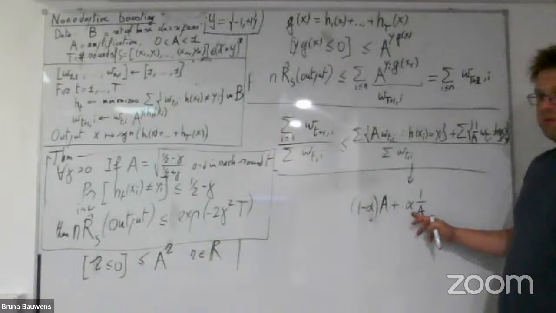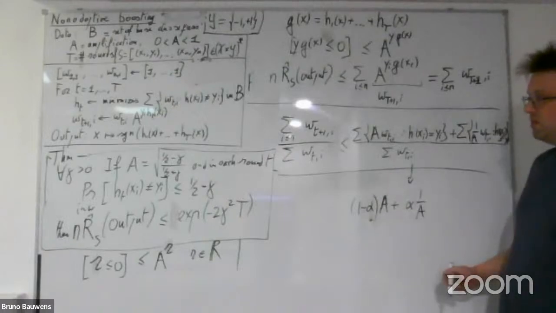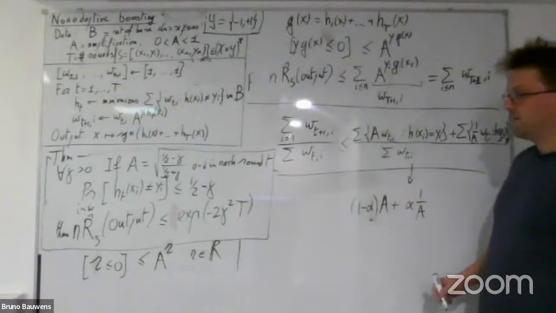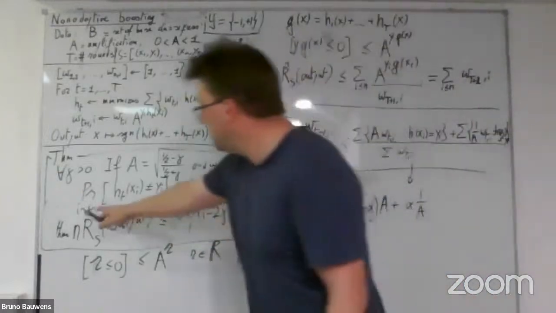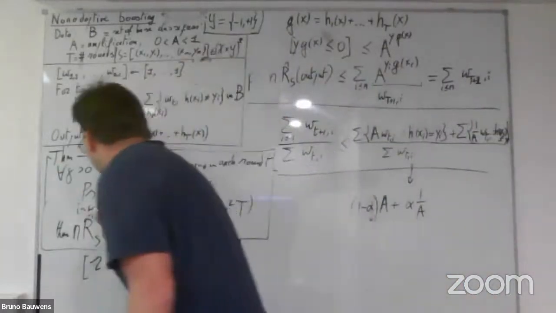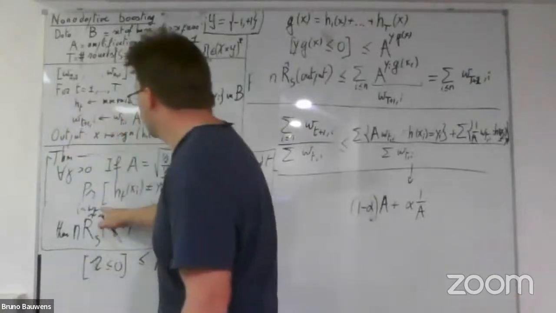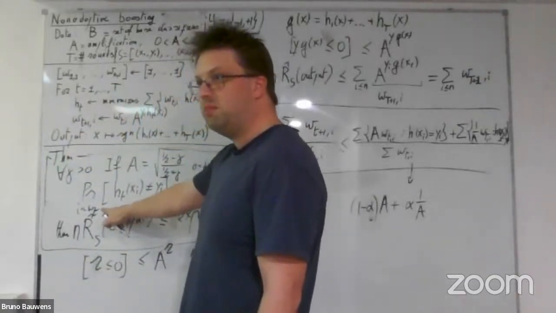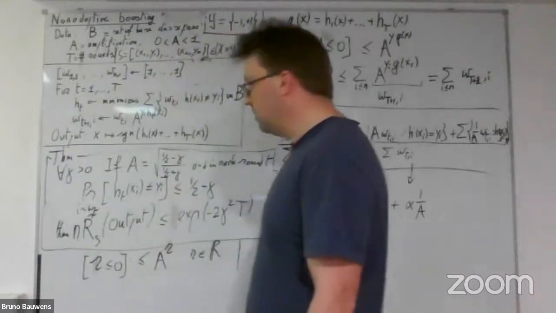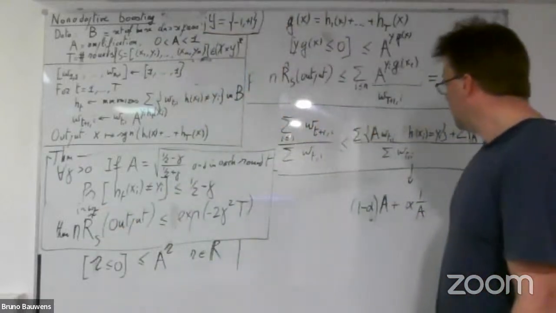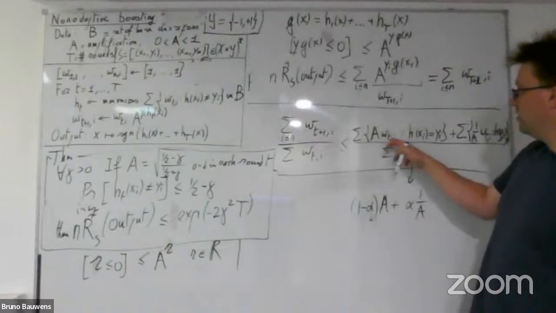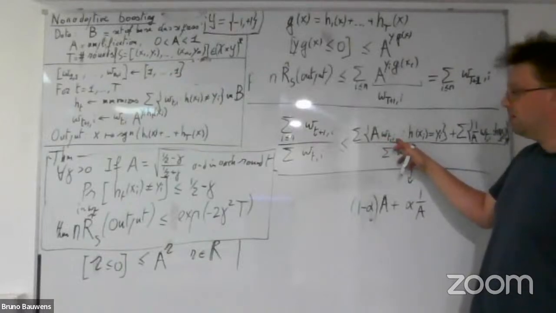Well, there was a better bound. So think about it. Look at the statement of the theorem. Here we take W as a vector. Oh, sorry, I forgot the index t there. So W, the weights at time t. We do the same thing, we look at the weights at time t.